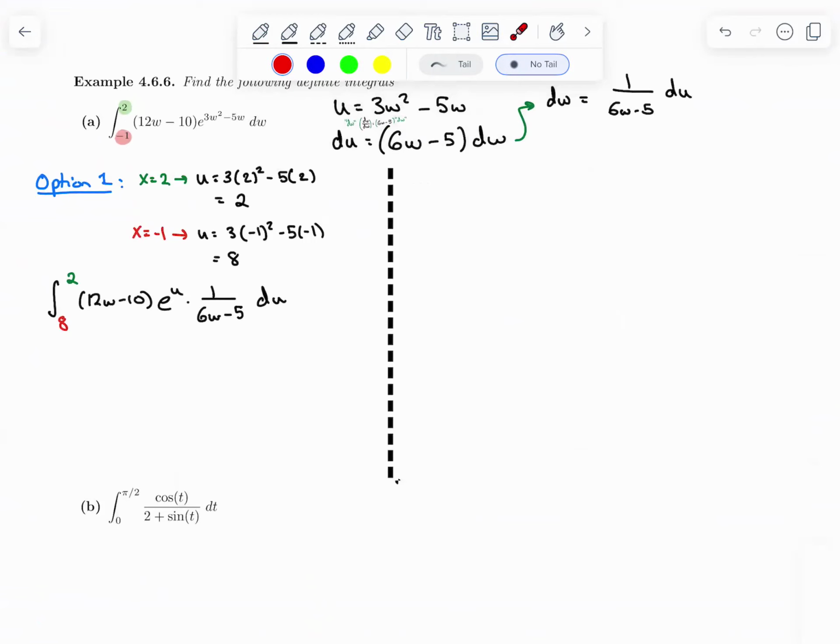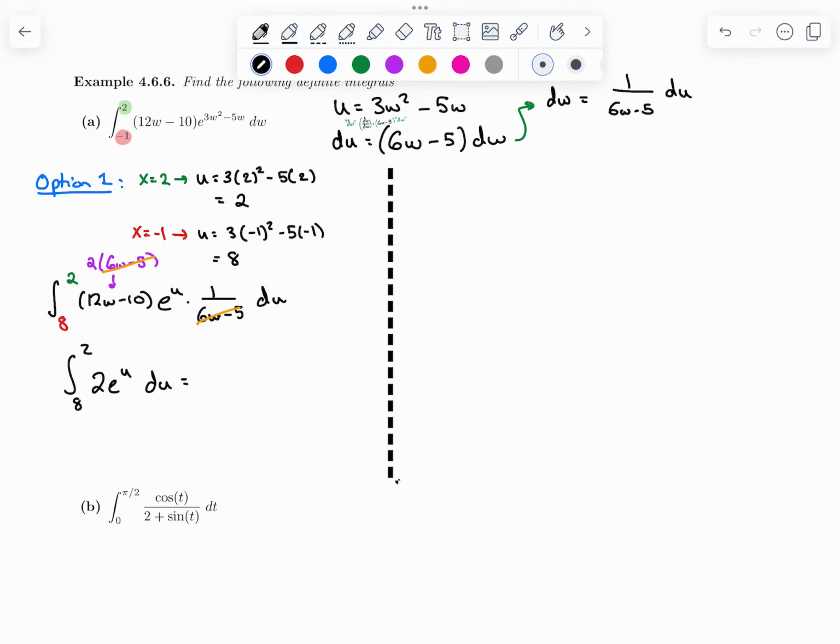And then you might be like, well, Phil, that doesn't work out. This does. The 6w minus 5 doesn't cancel with the 12w minus 10, at least at first. But if we notice that this is 2 times 6w minus 5, then the 6w minus 5's cancel. We have the integral from 8 to 2 of 2e to the u du.